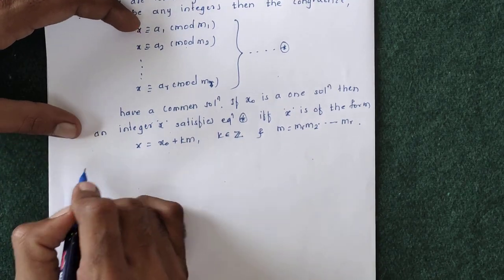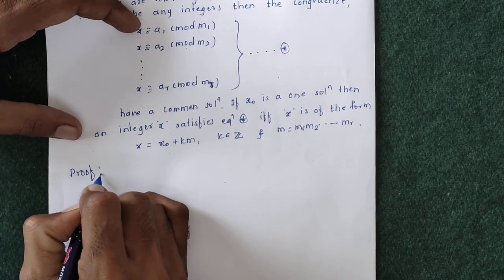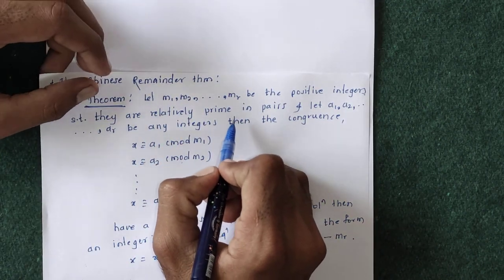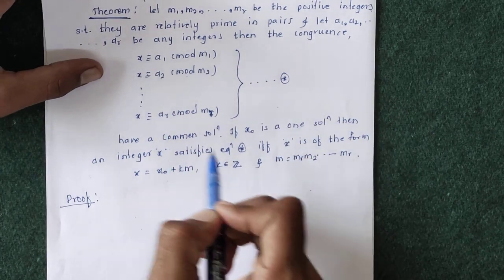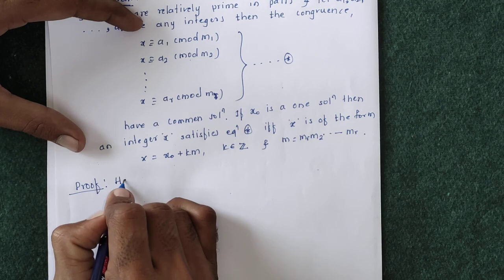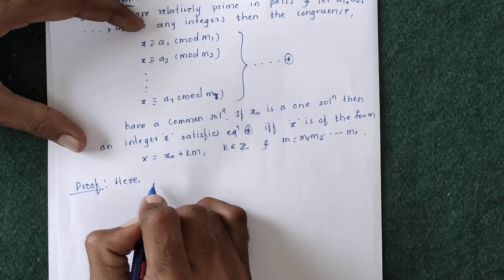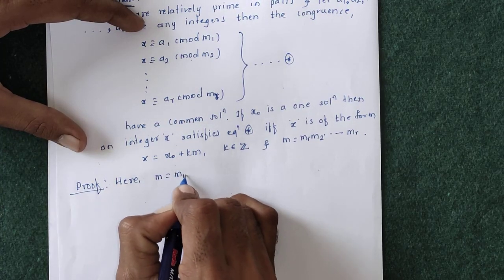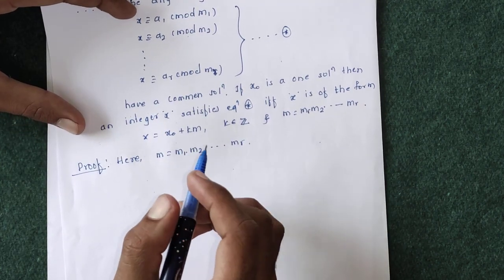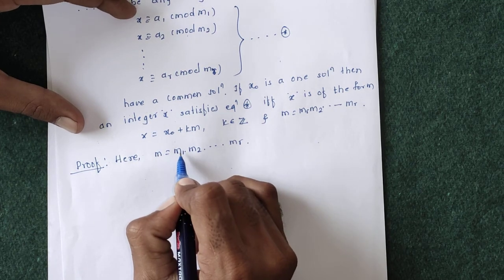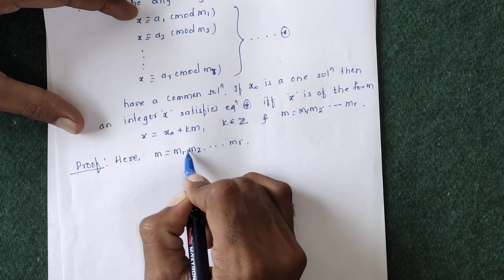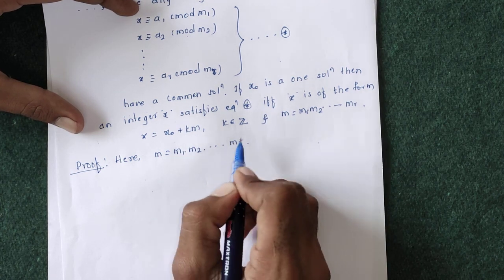Now to prove this theorem, in the proof we are given that m1, m2, up to mr are relatively prime in pairs, and also that m is the multiplication of m1, m2, up to mr. So clearly m is the multiplication of these r integers, and these integers are relatively prime in pairs.